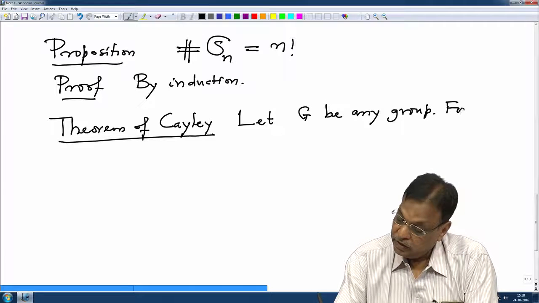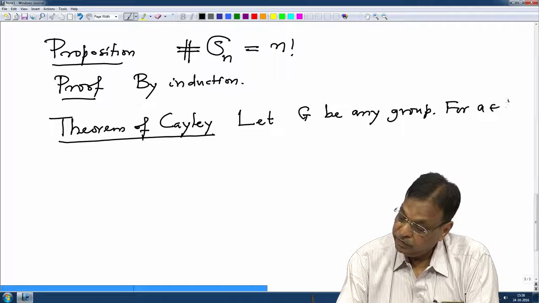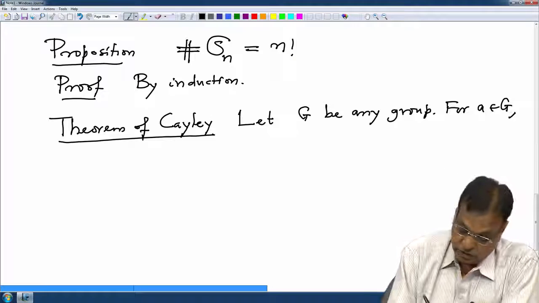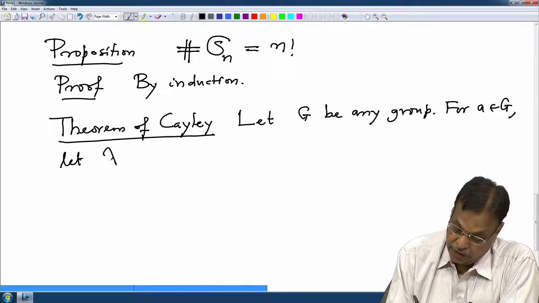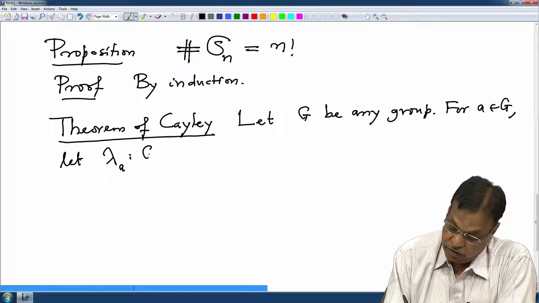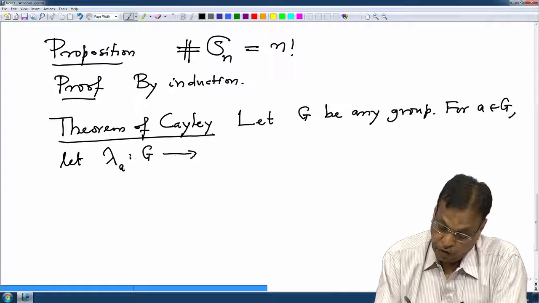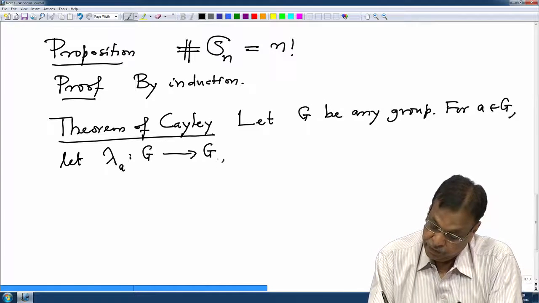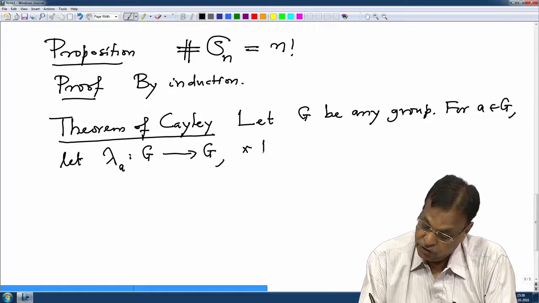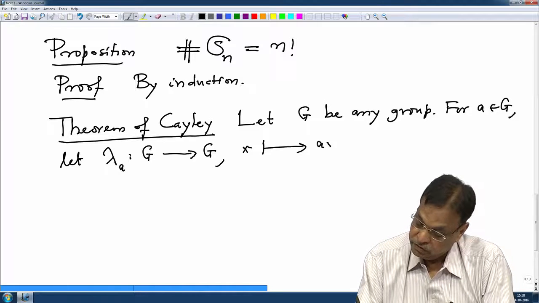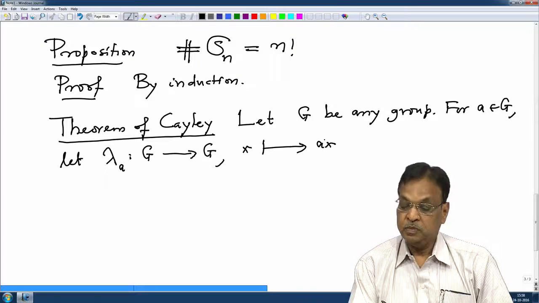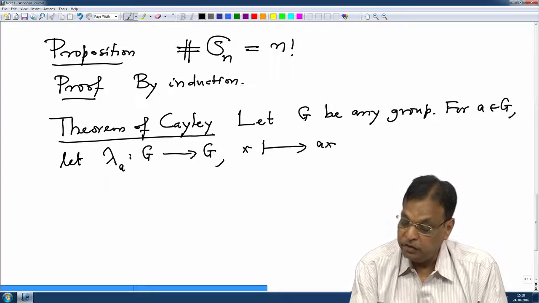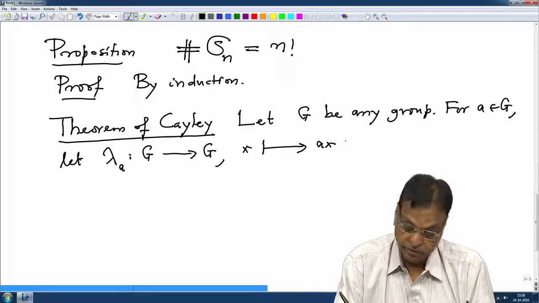For any A in G, let lambda A denote the multiplication on the left by A. That means any element x in G goes to Ax. This is not a group homomorphism, but it is definitely a bijective map.